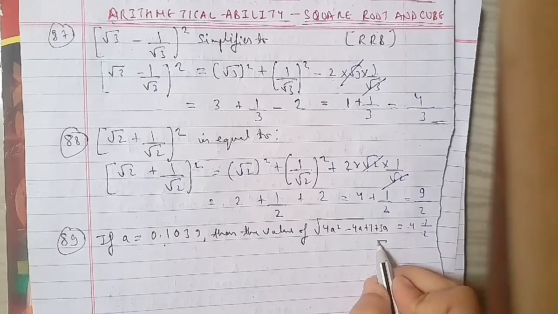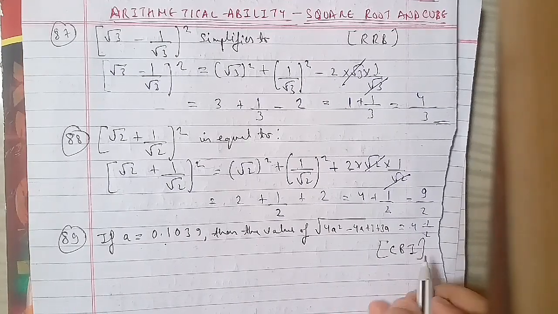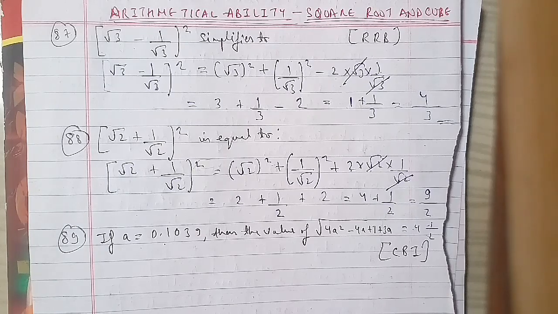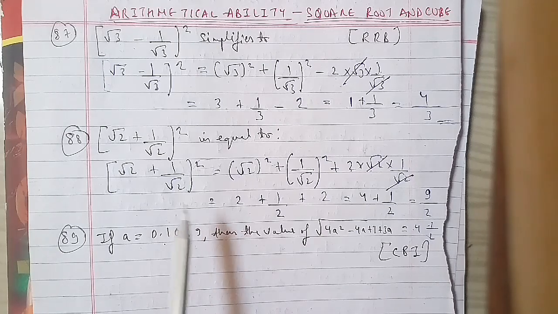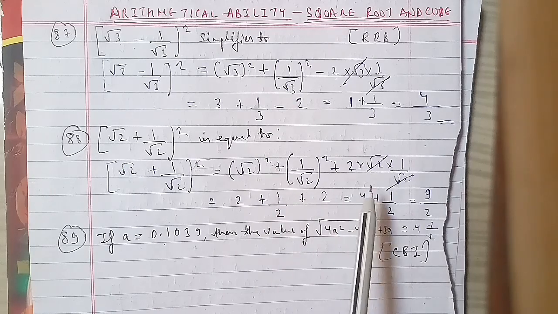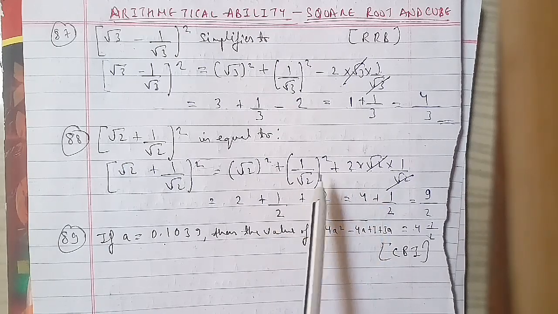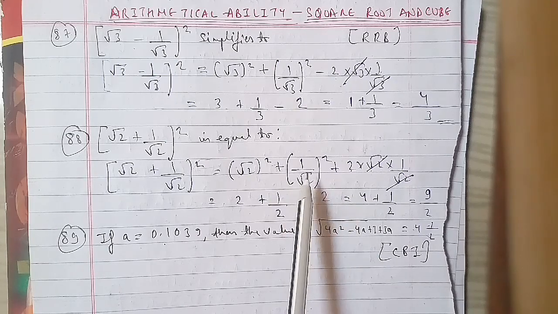This has been asked in your CBI examination paper, and that is also an important paper with respect to competition. The options for this are 0.1039, 0.2078, 1.1039 and 2.1039.